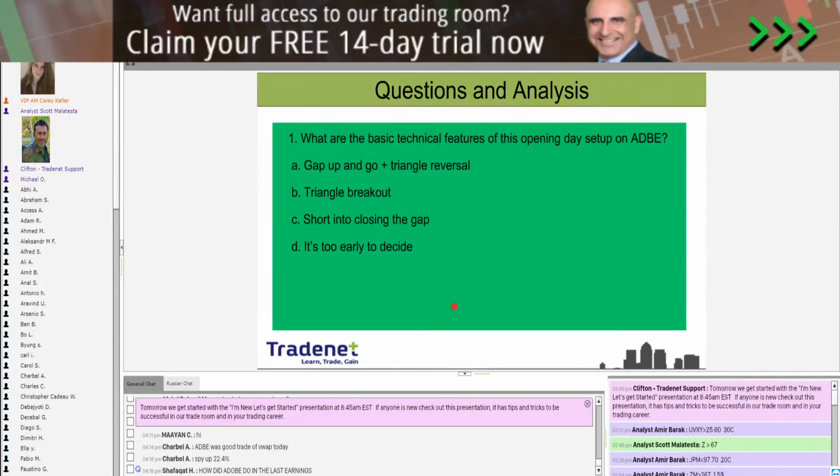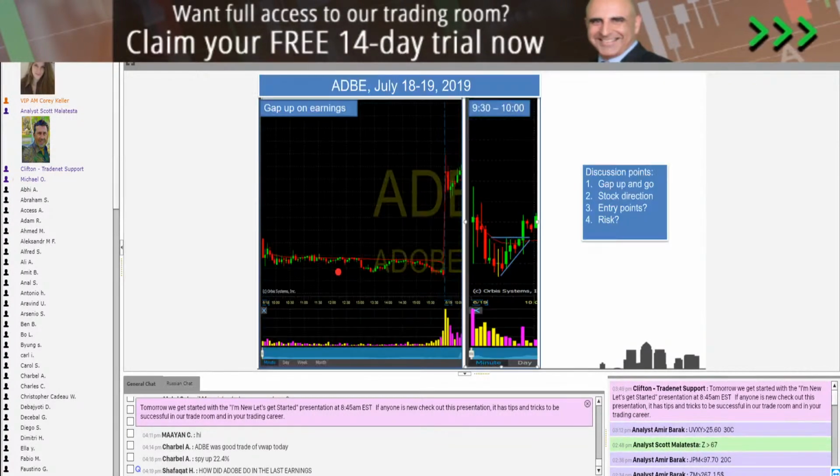So after watching this chart, guys, try to memorize this chart. Okay, so again, we're looking at a stock that gaps up, pulls back somewhat. Of course, it's not moving into closing the gap, and it's moving higher towards the highs of the day.